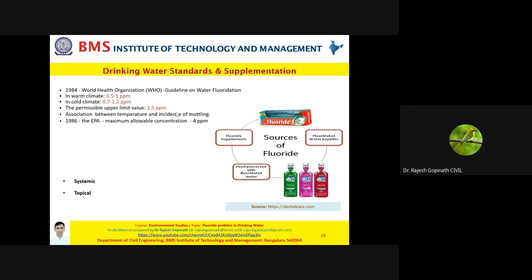You try to build a stronger cavity resistant outer surface, wherein you tend to use probably mouth rinses which are rich in fluorides. So systemic is something which is applied at a very tender young age to make sure that dental caries doesn't happen, and topical is wherein you tend to apply fluoride to make sure that the tooth remains healthy without any decay for a lifetime.